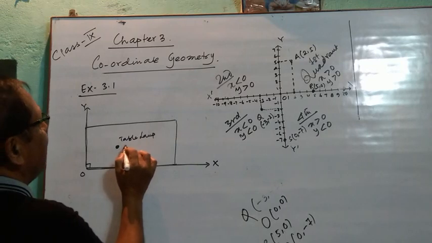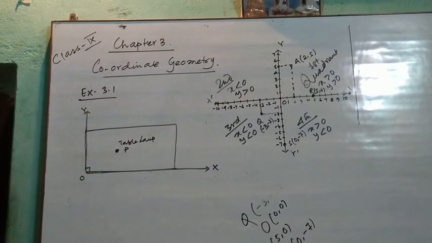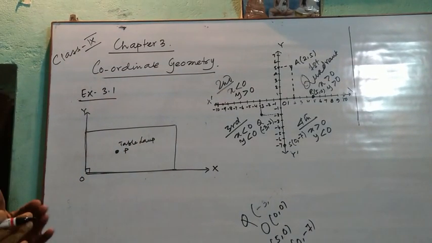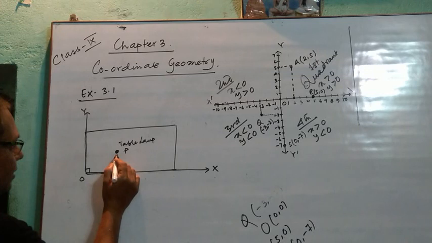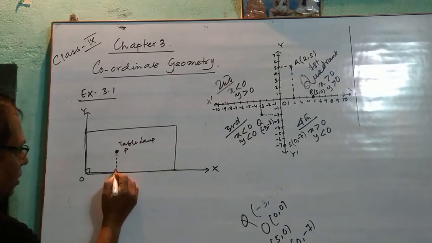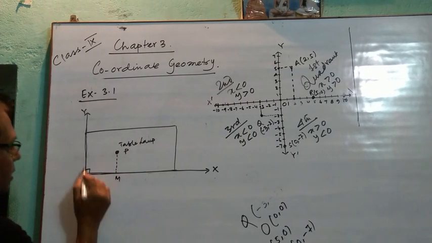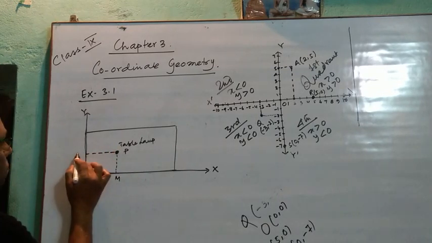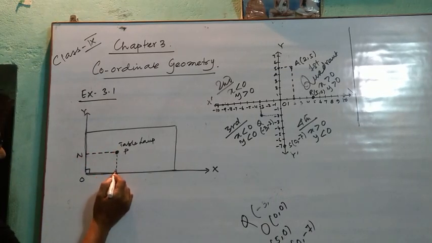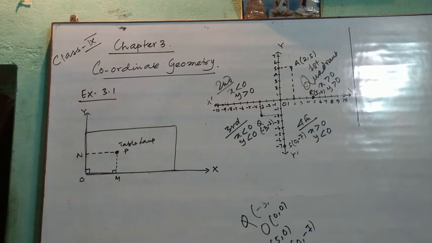Now the table lamp is at point P. From point P, you have to drop two perpendiculars on the longer side and the smaller side. So PM is perpendicular on the x-axis and PN is perpendicular on the y-axis.